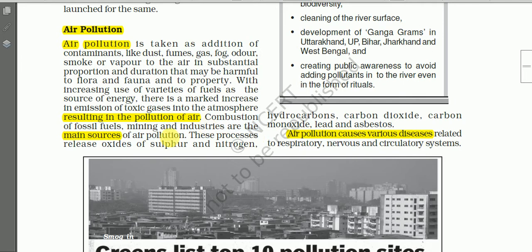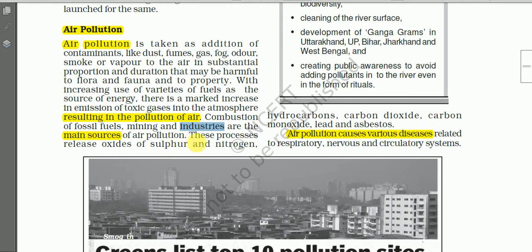Mining areas release toxic fumes and dust. Industries also release smog and toxic particulate matter.